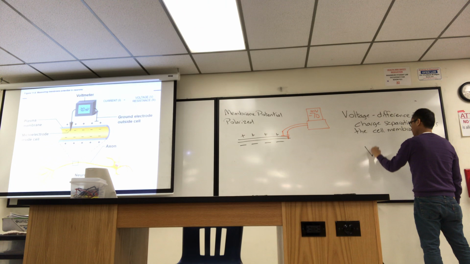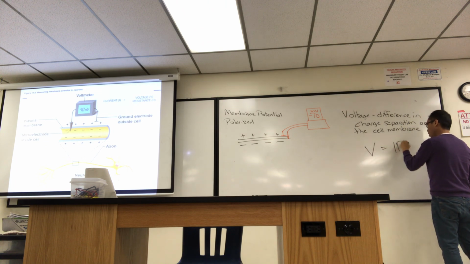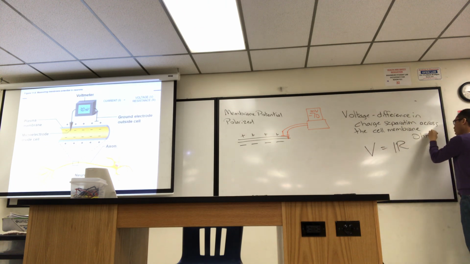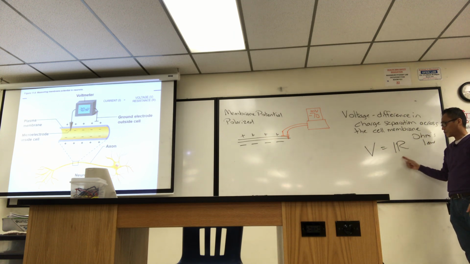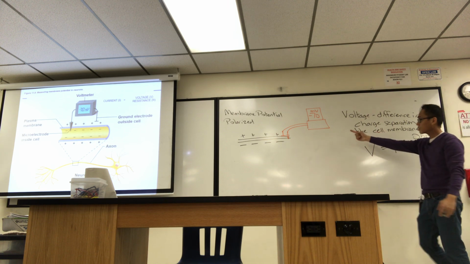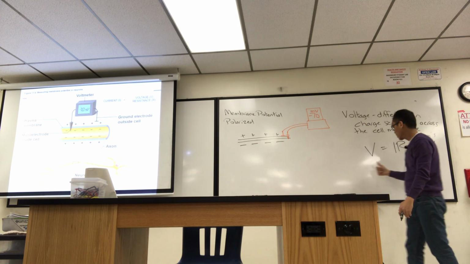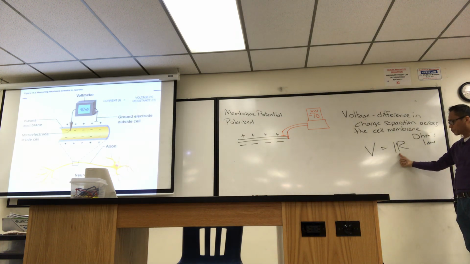When you take freshman physics, you'll learn Ohm's law, which describes the electrical current voltage relationship. So V is voltage. It's what you measure. But it's equivalent to current times resistance.